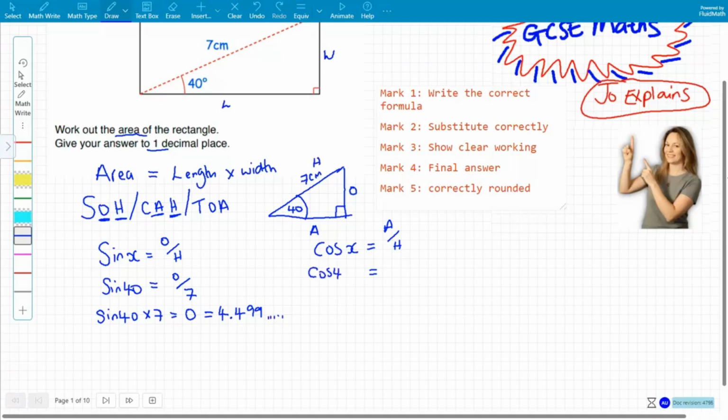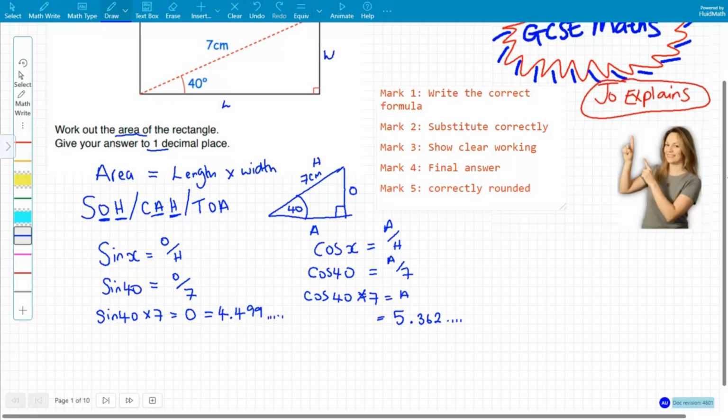Cos 40 is equal to adjacent over 7. Rearranging, cos 40 times 7 is equal to the adjacent. When we work that out, I think we should get a value of 5.362, with lots of decimals. And I'm not rounding it to 1 decimal place yet because I could end up messing up my answer later on.